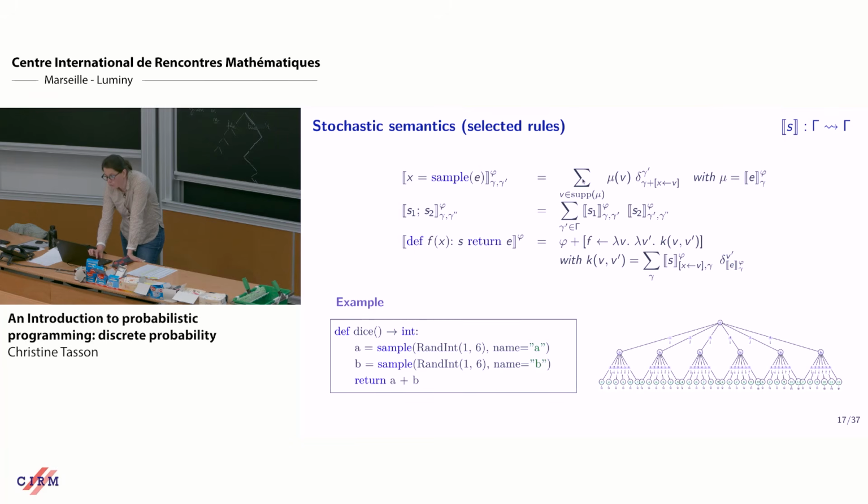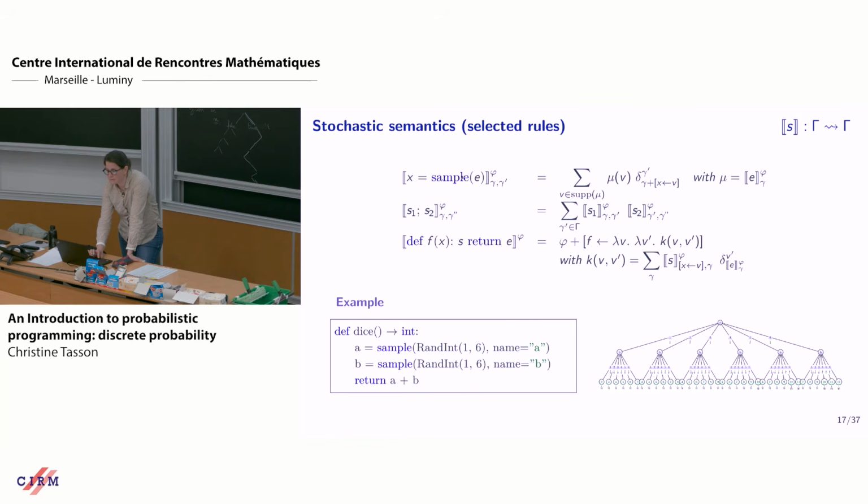Well, I have to sum over any output value of my probability distribution mu. This is the semantics of E. And I will multiply the probability of getting mu with the fact that the updated environment is the old environment where the variable x is associated to v.